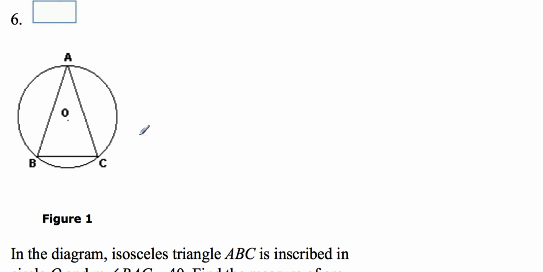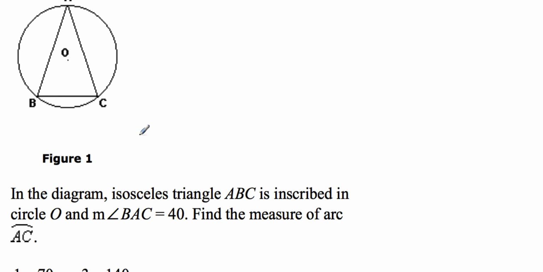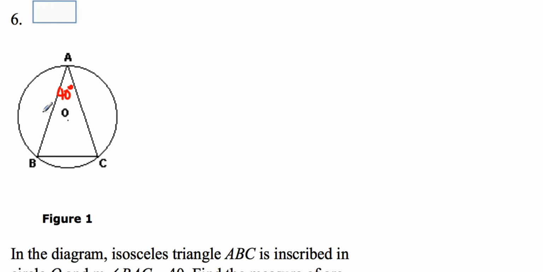Now here we have an isosceles triangle, and then angle BAC is 40. Then find the measure of arc AC. So what they're asking us to do is find the measure of this arc right over here.